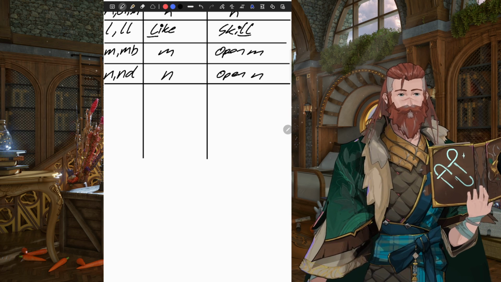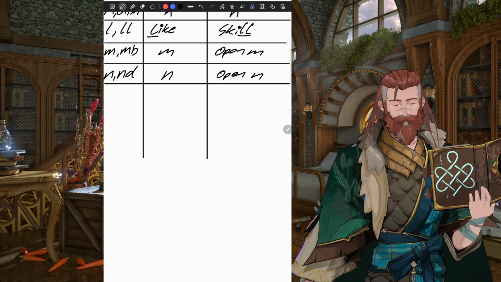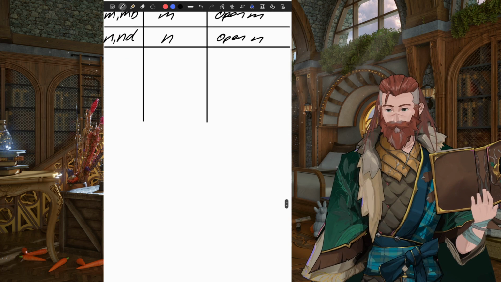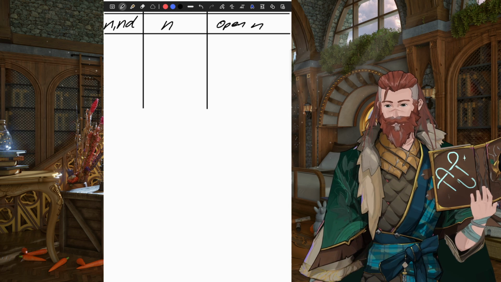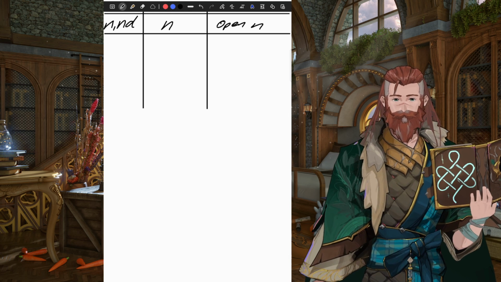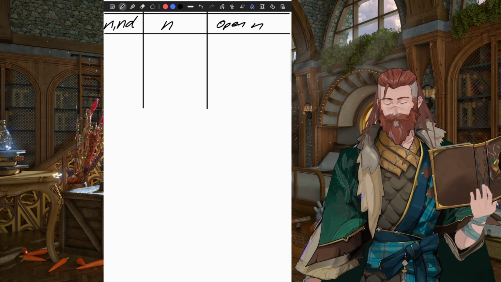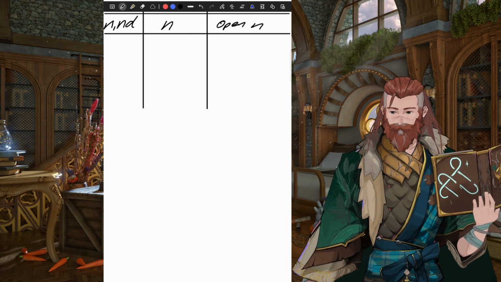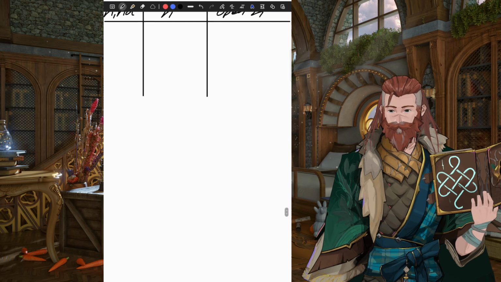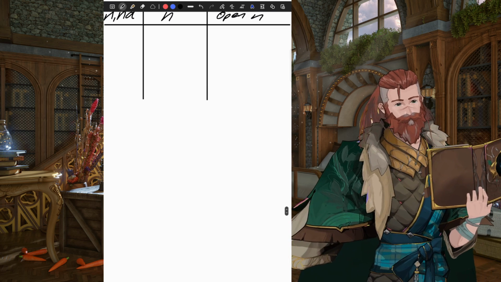And then when you're doing your broad form, a bit more open than that. Ned, Nar, Noi, Nos, Nu. Again, same with P.